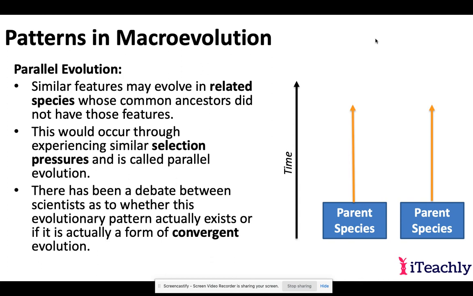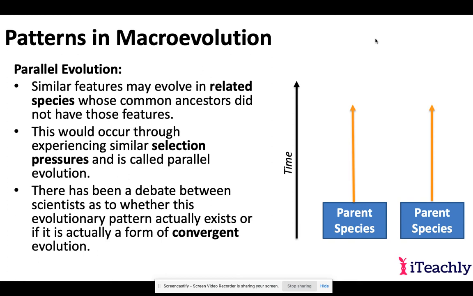So, parallel evolution. This is when similar features evolve in related species that have common ancestors, but the ancestors didn't have these features. This can occur through selective pressures.